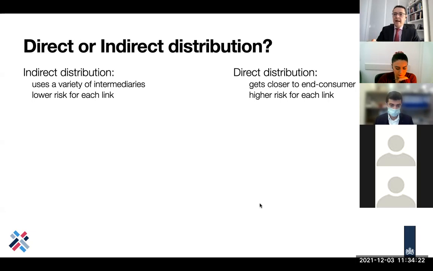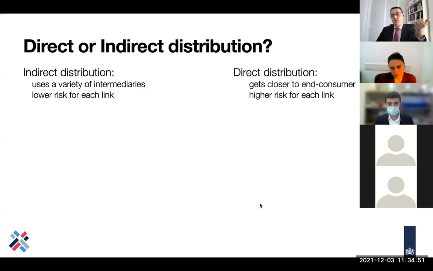You can see their reactions, you get their feedback, you see the changes in habits, you get quicker feedback from consumers. Yes, great, but you take on a whole lot of risk. The more time you are in possession of the merchandise, the higher the risk you are facing of something going wrong and not getting the money, not being able to sell the product.